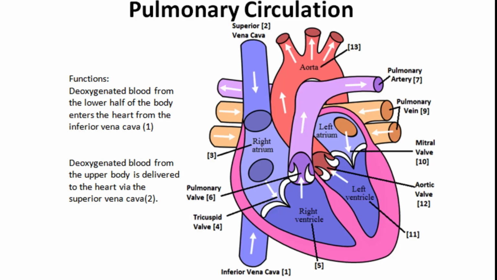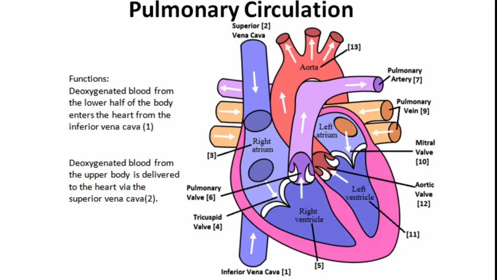So here blood enters the heart from 2 places. You can see here, inferior vena cava at the bottom and superior vena cava at the top. This is 1 and that is 2.